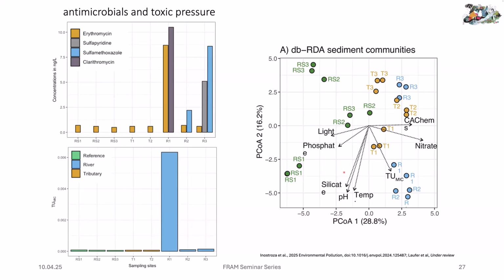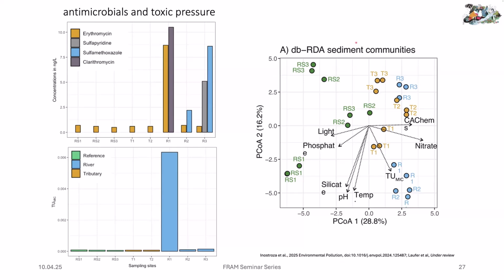But we also wanted to get a second assessment of how chemical pollution might be driving those changes. And we came up with this suggestion of normalizing environmental concentration of antimicrobials by their toxic pressure. So this is what we call the toxic unit MIC, basically the toxic unit normalized by the minimum inhibitory concentration of the chemical on the microbial community. That was recently published in Environmental Pollution.